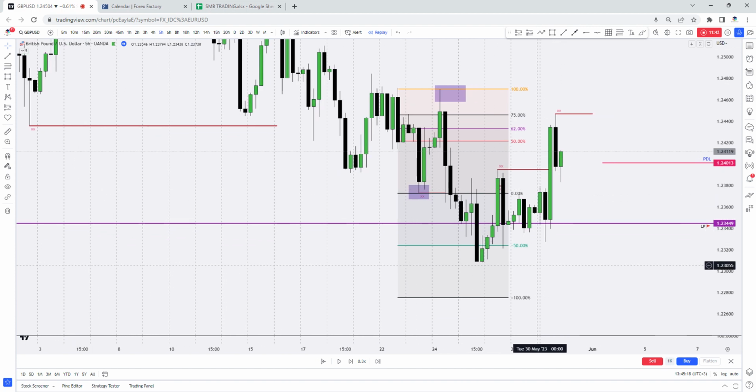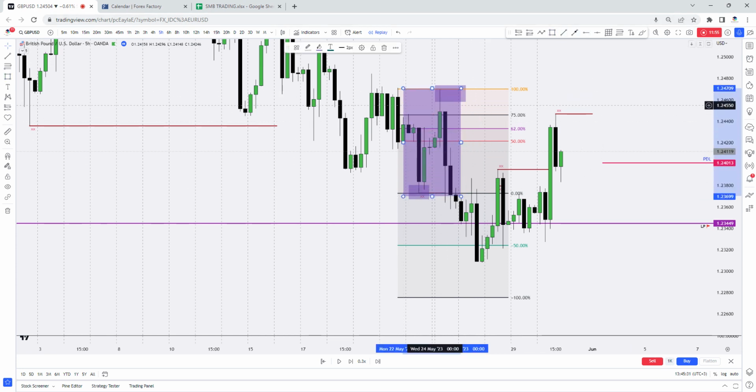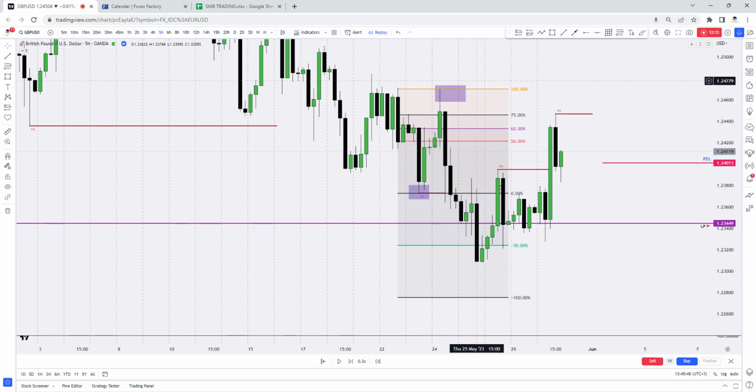The thing is, when the price comes down, it needs to create at least 50% or 100% of this whole structure from this high to this low. This structure that price has taken out, that price has broken, price has to go deeper up to 50% of this structure or 100% before price could start coming back up for mitigation if price has to continue going down.